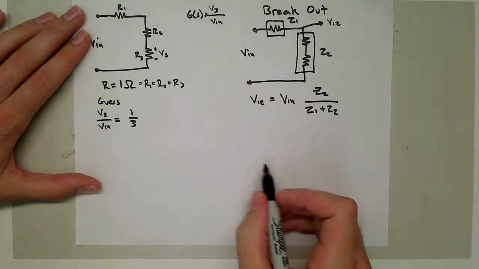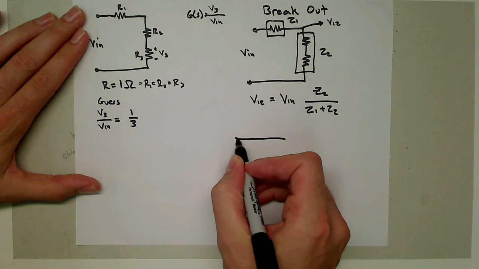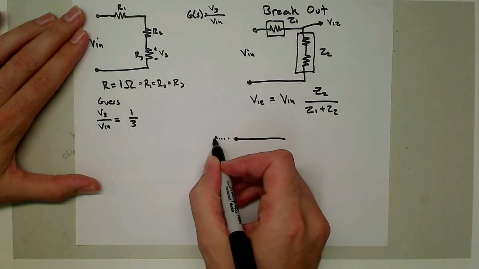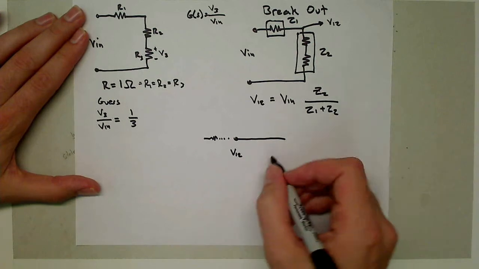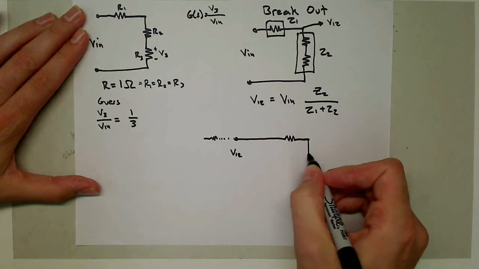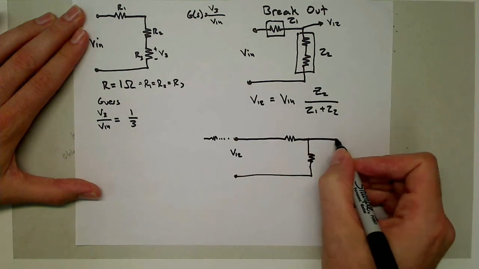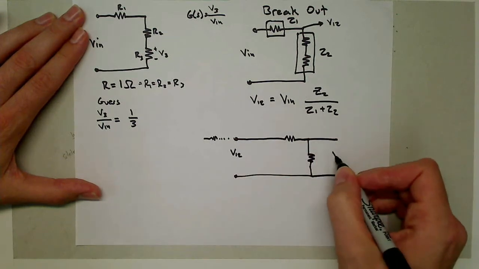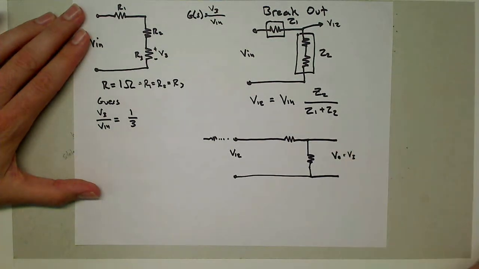Okay, then I can break out the problem again where I'm actually starting with V12 instead. So starting with V12, I can have R2 and R3 in my network. And I'm considering this V out as equaling V3.